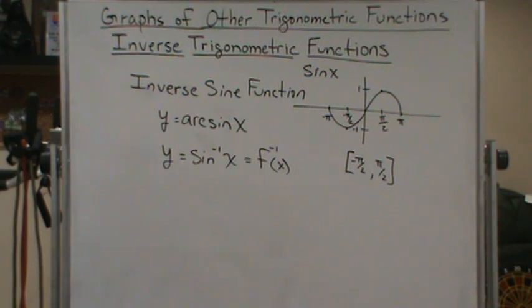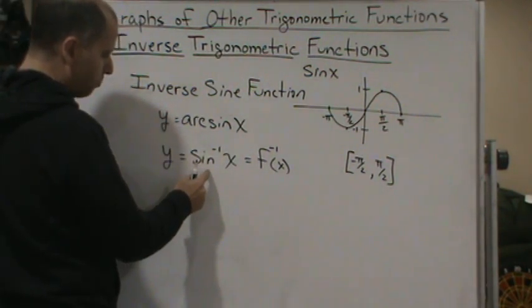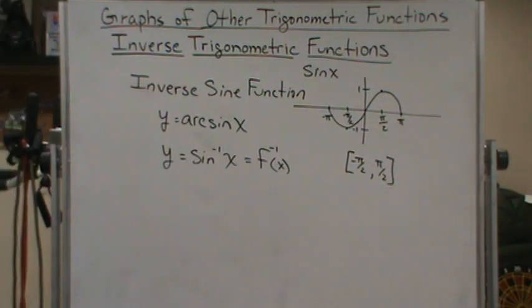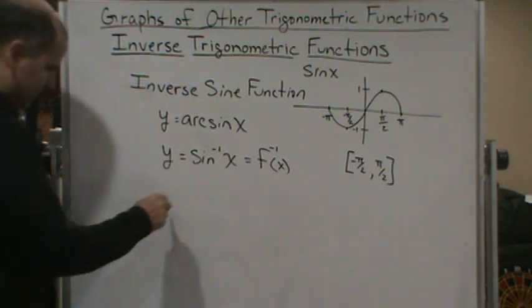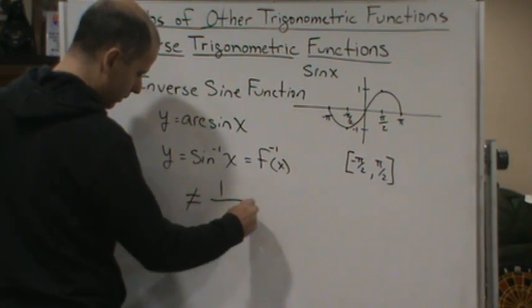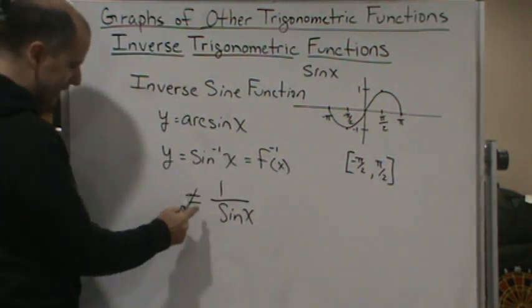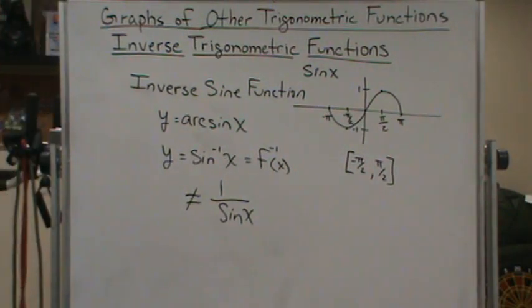Now, also remember, it's a notation here. So this here represents the inverse sine function. It is not equal to this. It is not the same thing. It's a notation for an inverse function.